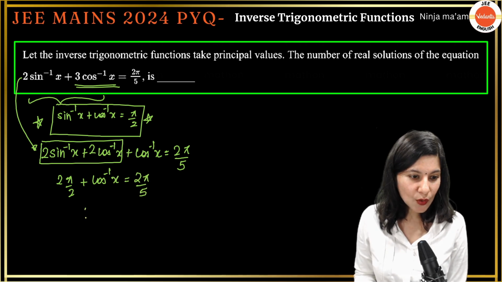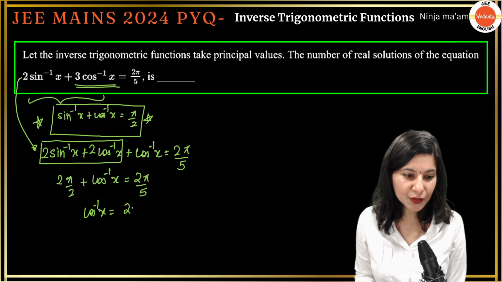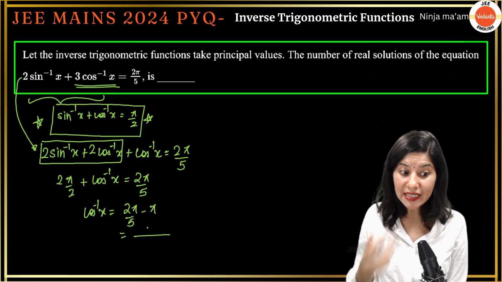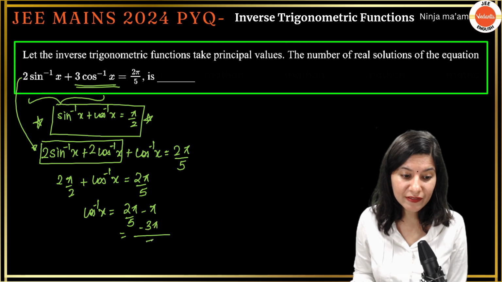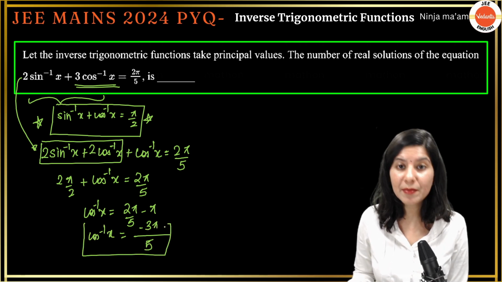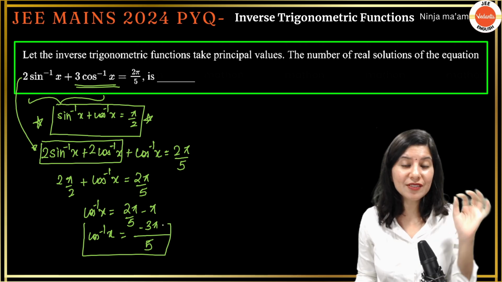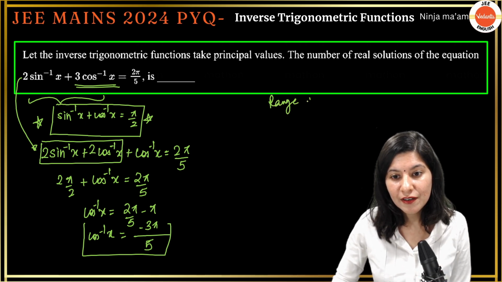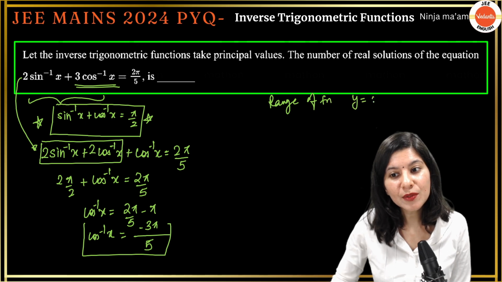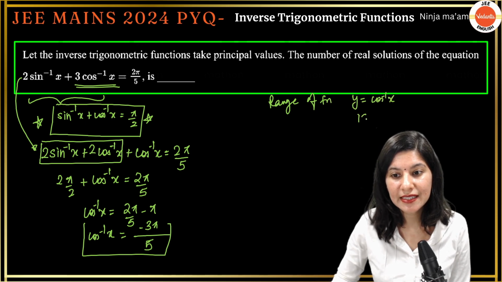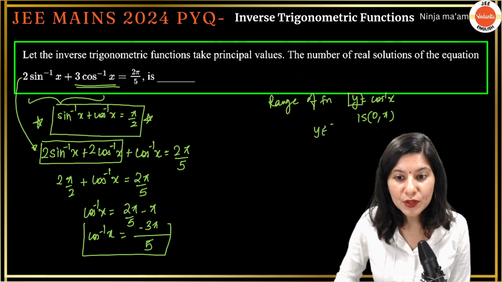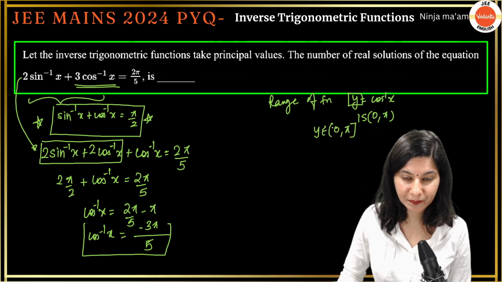Okay. Now cos inverse x will become what? 2 pi by 5 minus pi, which is minus 3 pi by 5. Cos inverse x is minus 3 pi by 5. All right. Did you notice a very important thing? The range of function y equals cos inverse x is 0 to pi. That means this y belongs to 0 to pi.